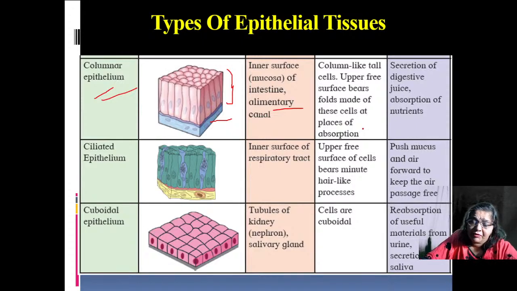Because they are mainly found in the alimentary canal, they help in absorption of food materials. The digested food materials are absorbed by these pillar cells. The main function is the secretion of digestive juice and absorption of nutrients. So absorption of nutrients is the main function of the columnar epithelium tissue.